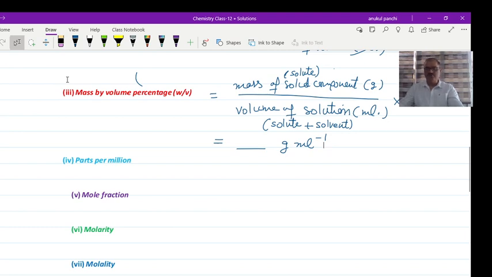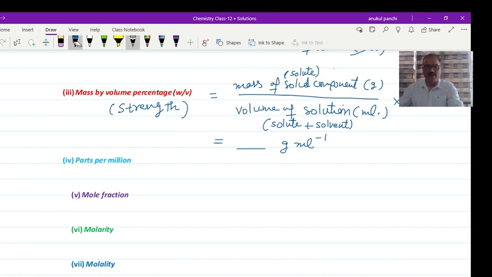And this mass by volume percentage is often used in chemistry, and it is also called strength of solution. Mass upon volume is also called strength. In our practicals, for our experimental purposes, we will use strength: find the strength of this solution of HCl in water, find the strength of a solution of oxalic acid in water, like this. So keep it in mind that mass volume percentage is also called strength.